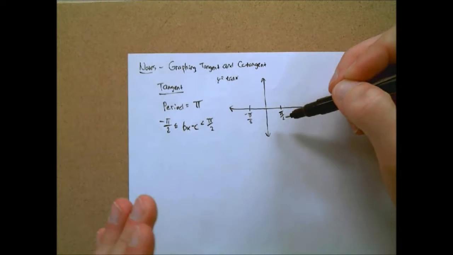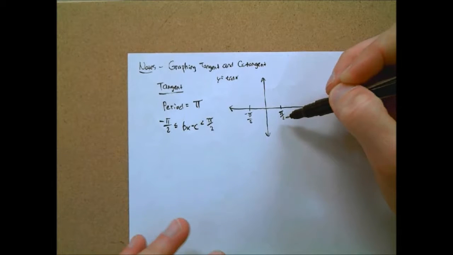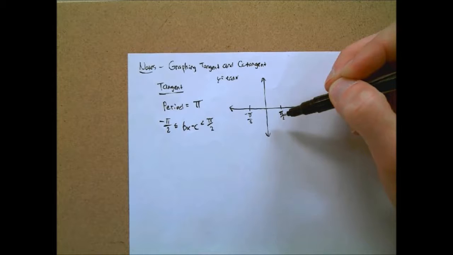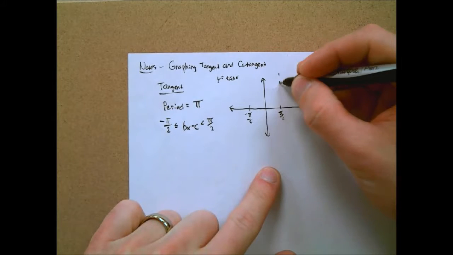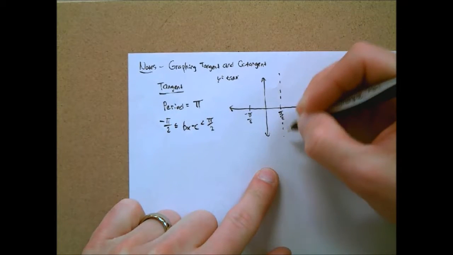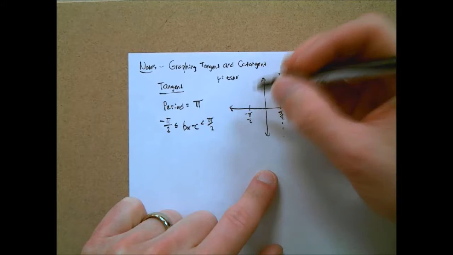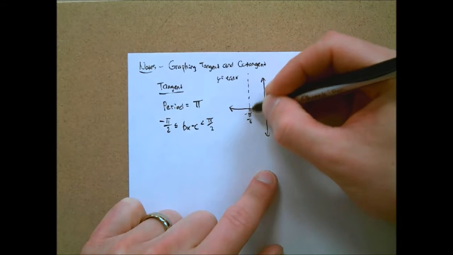Again, think about it in terms of sine and cosine. Sine of pi over 2 is 1. Cosine of pi over 2 is 0. So you have 1 over 0, so it's undefined there at pi over 2. Likewise at negative pi over 2, because it's the same thing as 3 pi over 2. Negative pi over 2 and 3 pi over 2 are both coterminal, and so if you plug in 3 pi over 2, you're going to end up with the same thing. It's going to be undefined there.